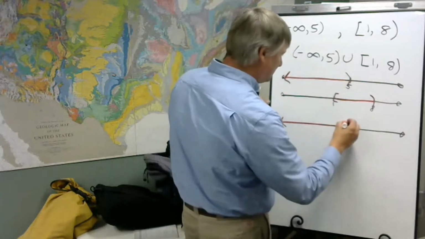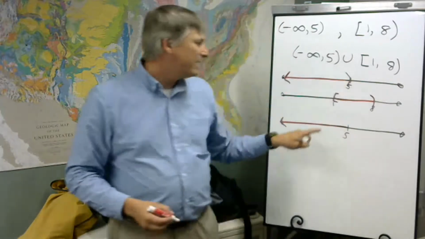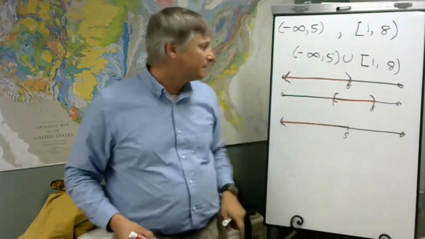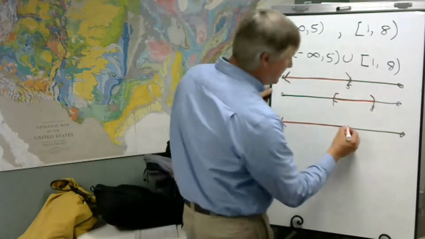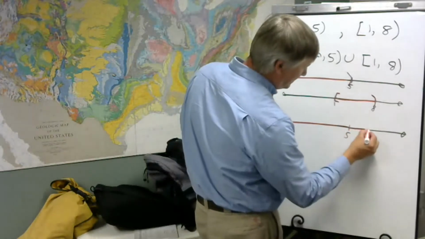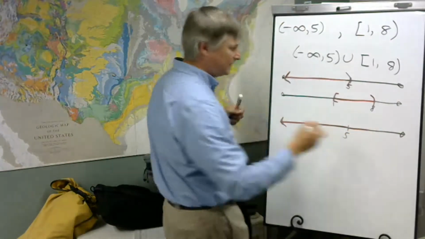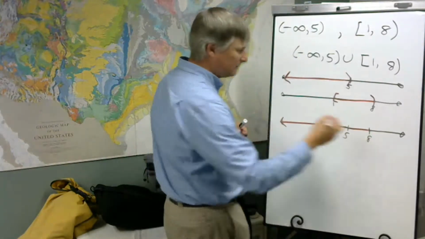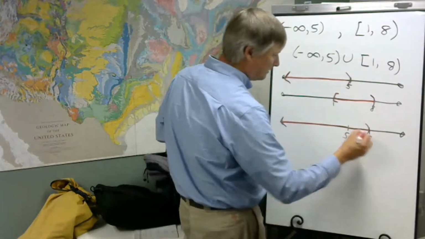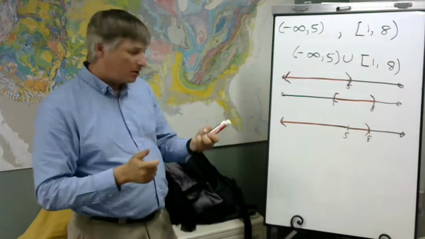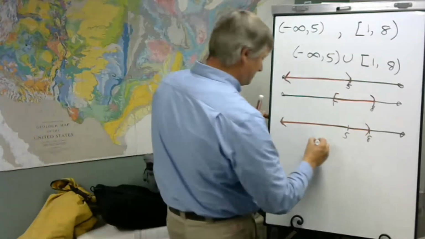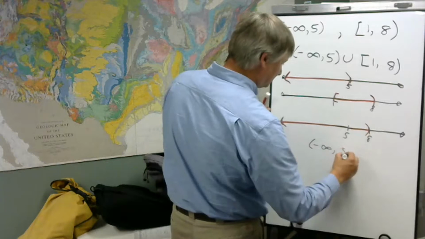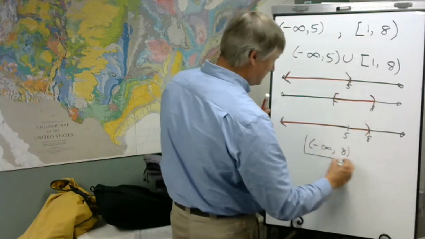And it looks like we're excluding 5, but we're going to get the 5 back between 1 and 8. And then we get to go beyond 5 up to here, which is 8. But we exclude 8. And so when we look at the result, we're going to get the same thing. Negative infinity to 8.